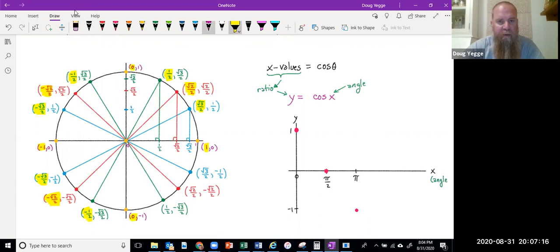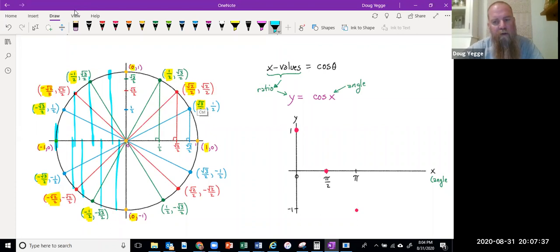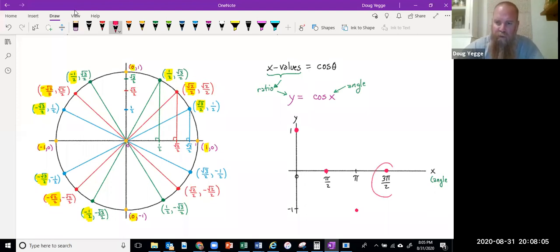Which makes sense because now we should see that as I was moving backwards at this angle, this was our x coordinate, then this was our x coordinate, and so on, getting back to 1. But then as I'm in the third quadrant, I'm moving back again towards an x coordinate of 0. Which is why, as I move to 3 pi over 2, my ratio is now back to 0.